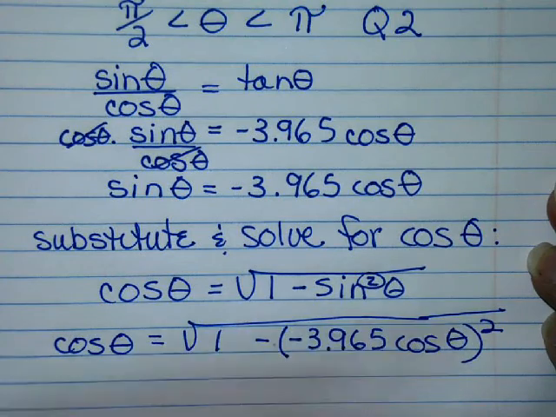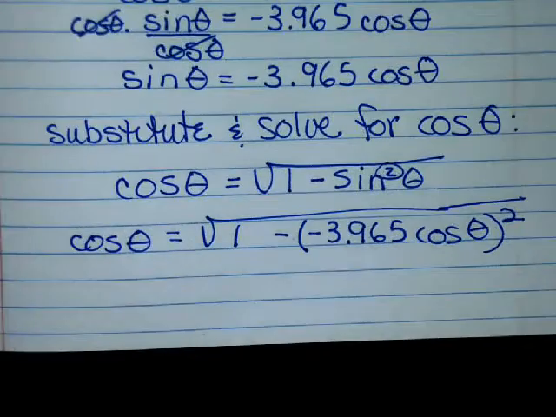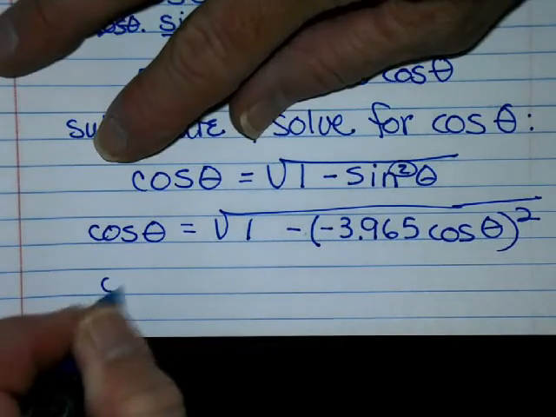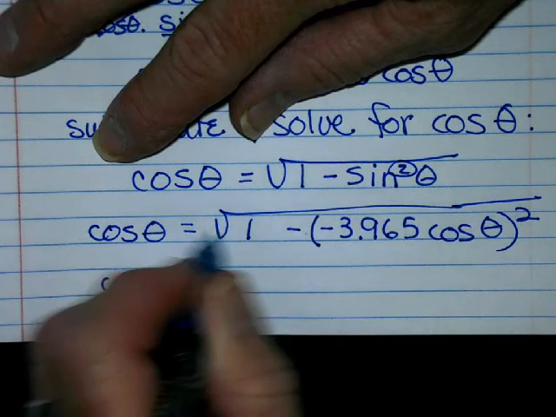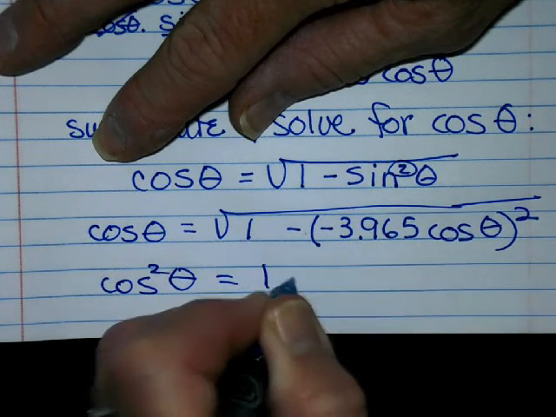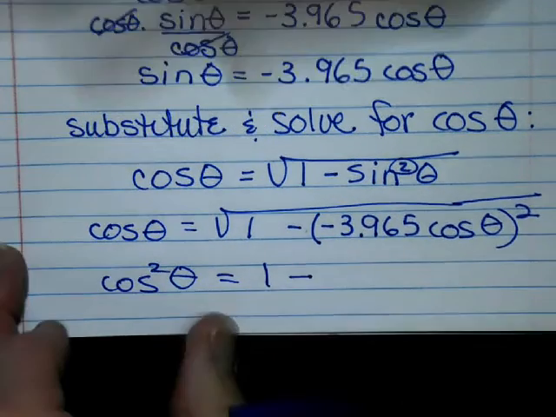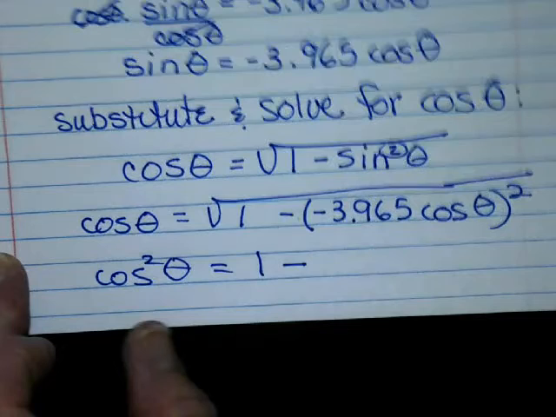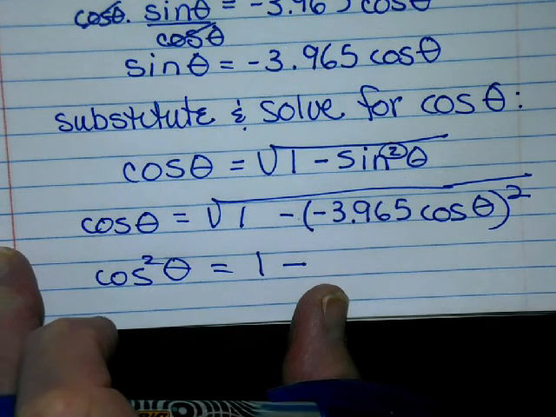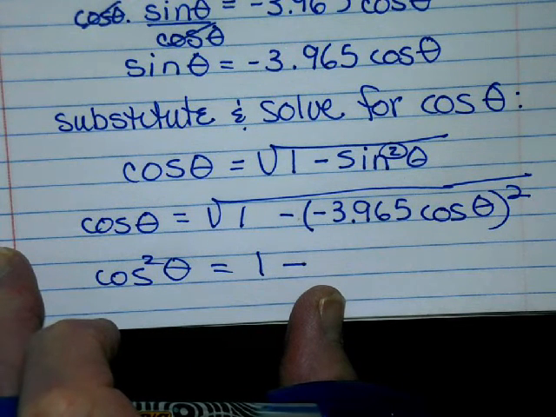Now I got to simplify this, get cosines on the same side, and then solve for cosine theta. I got to get rid of the square root, so I'm going to square both sides. And when I square, here's where it gets a little crazy, because how much do you round when you square 3.965?